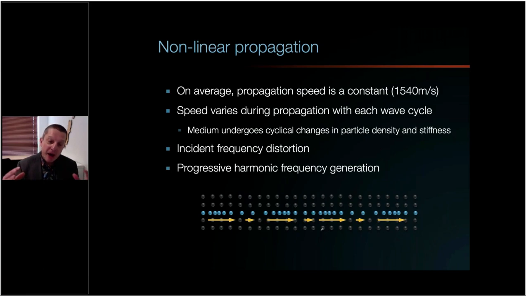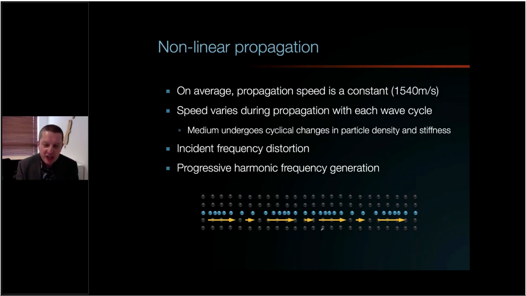When particles of the medium are in a compression stage, they are stiffer, and therefore sound travels slightly faster. When particles are in a rarefaction part of the cycle, the stiffness is less and the speed of sound slows down. So we have cyclical changes in the propagating velocity, and on average it is a constant at about 1540.